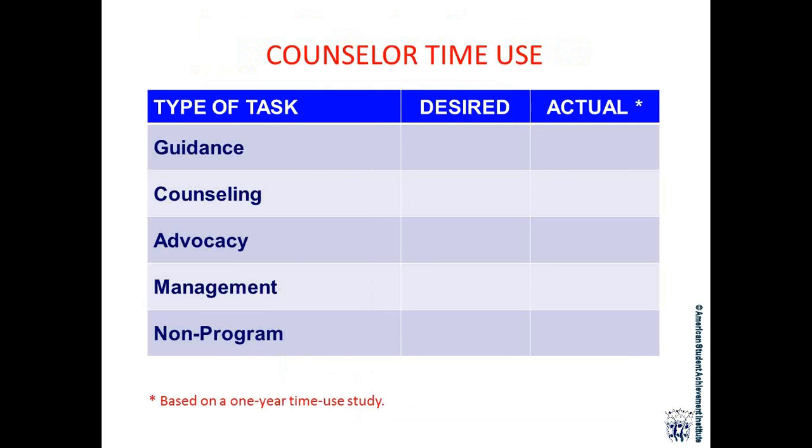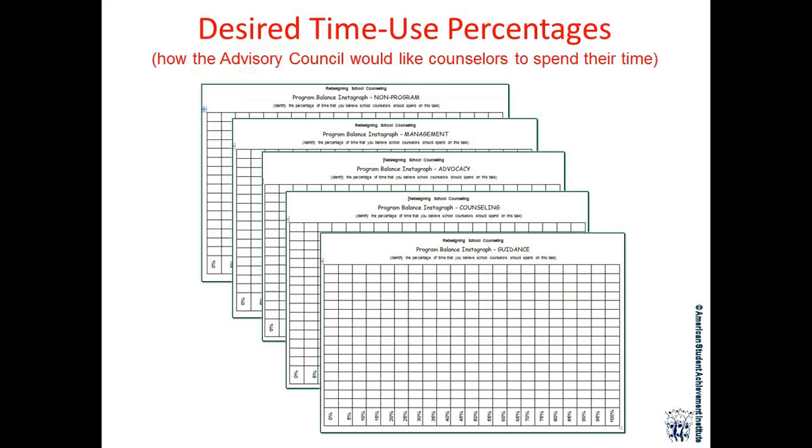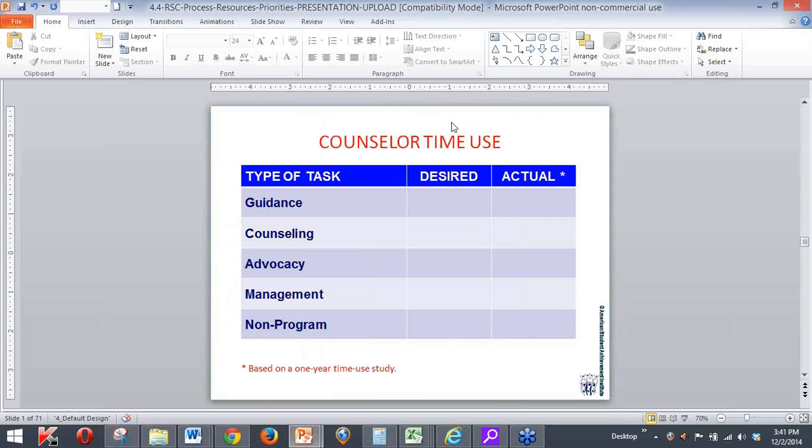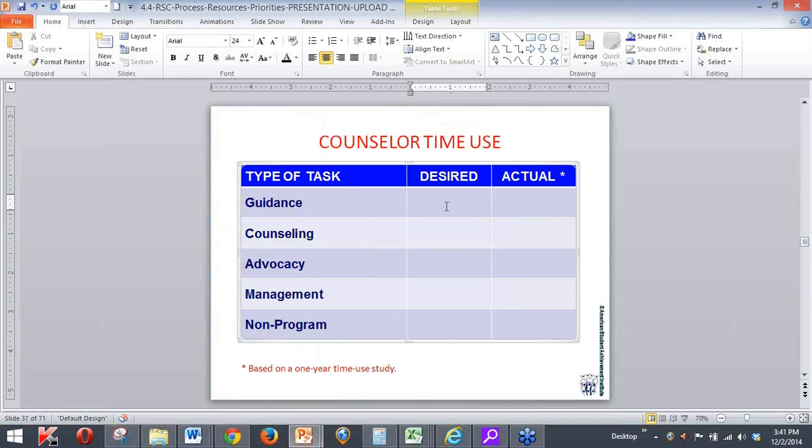And then they'll come up to each poster, and they'll go up to the first poster, and this one says guidance on it, and on my little scrap paper it says 40% of the counselor's time should be spent on guidance activities. So I bring my little sticky dot, and I just go down here, find the 40%, and put my little sticky dot in there. And then the next person comes up, if they want 40%, they're going to put their sticky dot right above it. And so we're using a histogram to build a bell curve again.